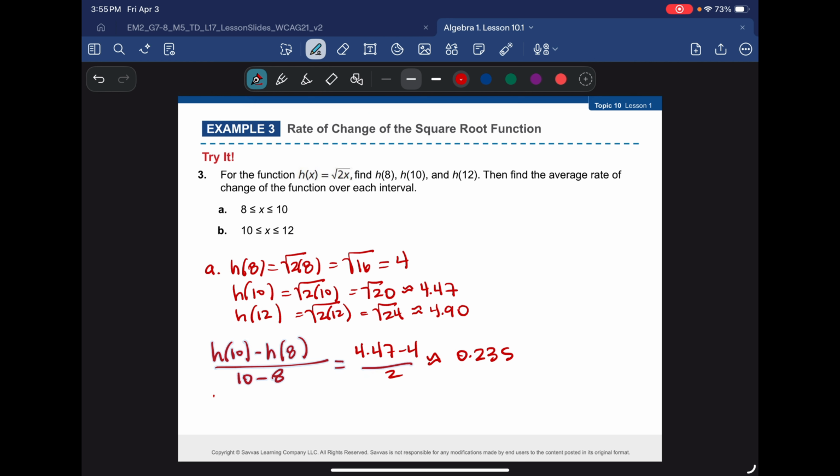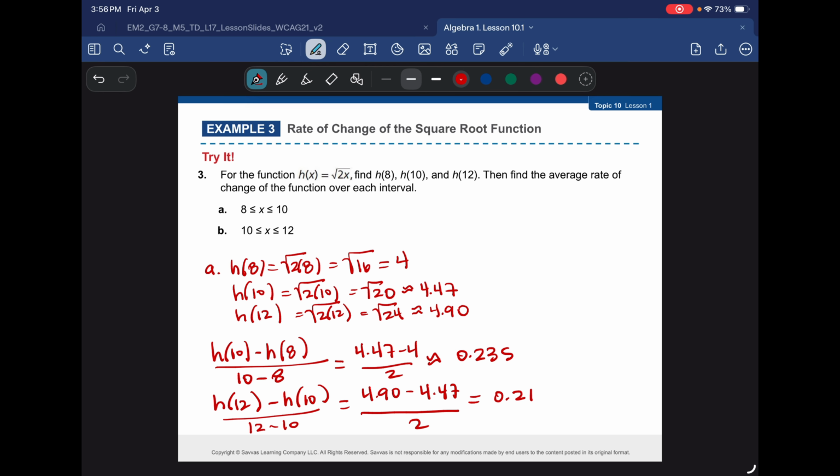So now my second point is h of 12, and I'm going to subtract the first point, which is h of 10, over 12 minus 10. Plug in the numbers that we got from evaluating the inputs. 4.9 minus 4.47 over 2, and that is 0.215.